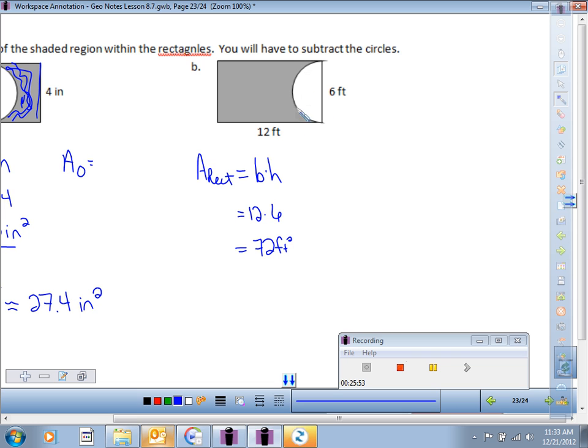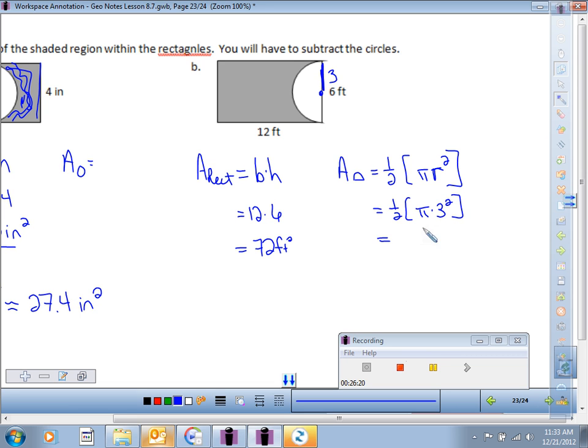Now what we need to do is cut out that semicircle, so we're going to look at the area of the semicircle. Remember, when we have a semicircle, it's half of a circle, so we're going to calculate half of the area, which would be pi times radius squared. Right? So we go 1/2 times pi times my radius. Now remember, the whole side is 6, so the radius is going to be 3, pi times 3 squared.